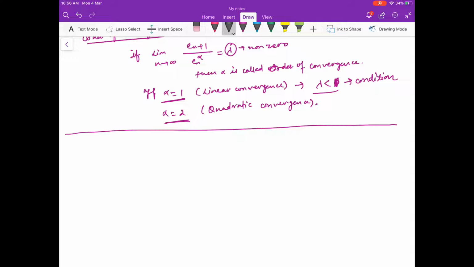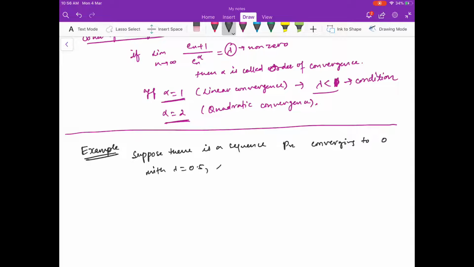So let me give you an example. Suppose you have a sequence Pn converging to 0 with lambda equal to 0.5, starting with P naught equal to 1.